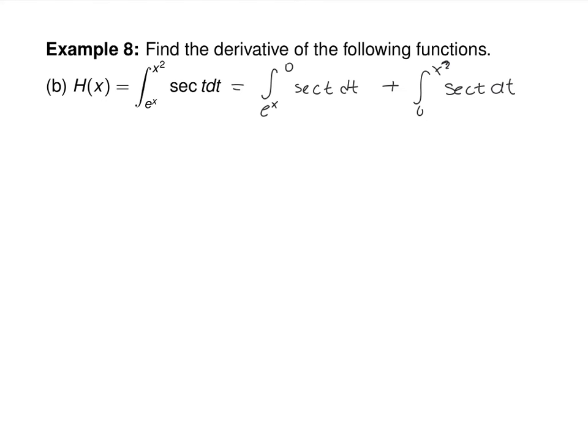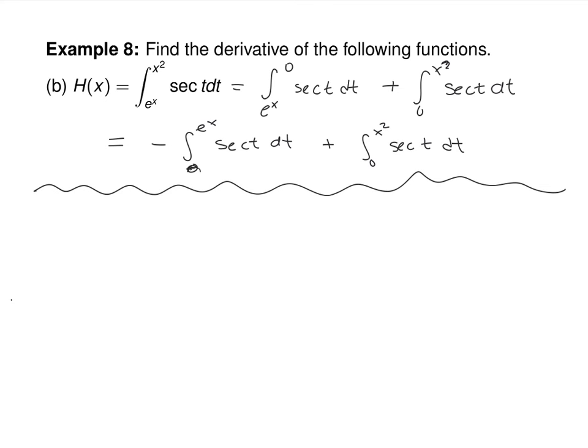This is the same thing as negative the integral from 0 to e to the x, because the rule we had relies on having a number to variable. First step, break it up. Second step, flip it. You could do that in one step if you're comfortable with that. So that's still the original function. Now h prime is the derivative of those two components.